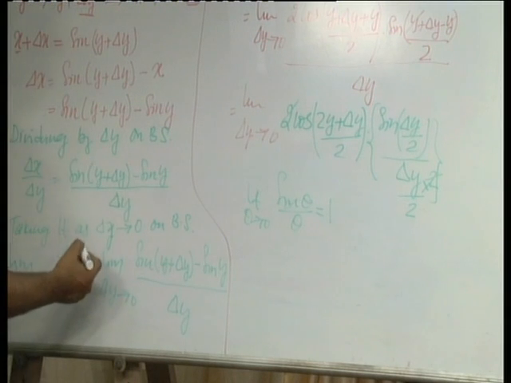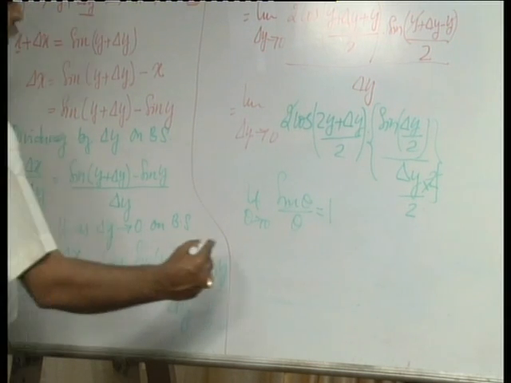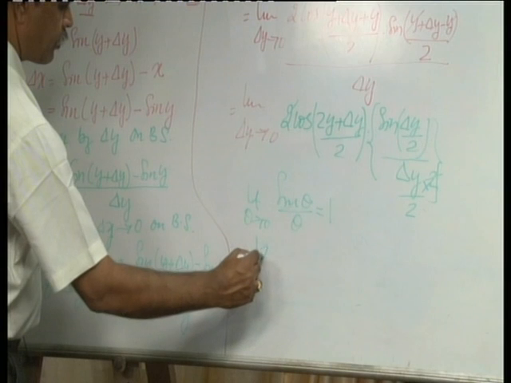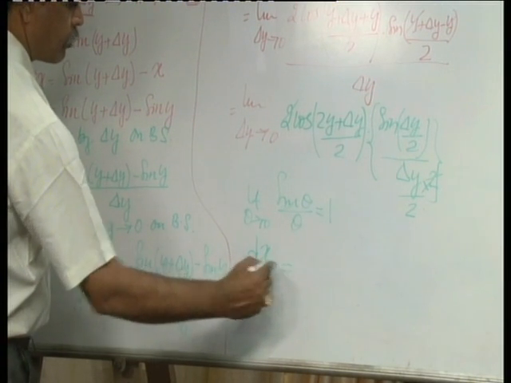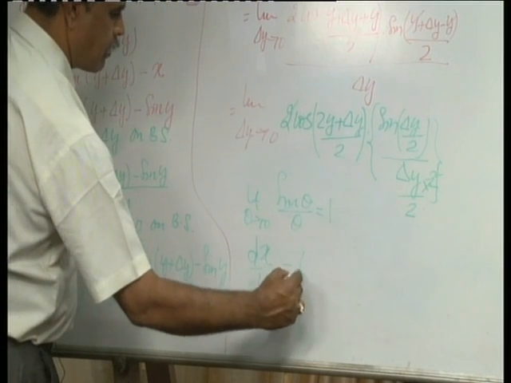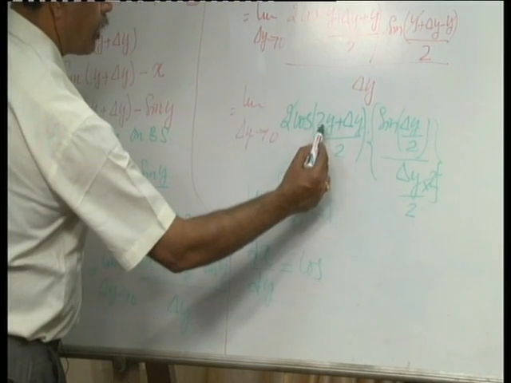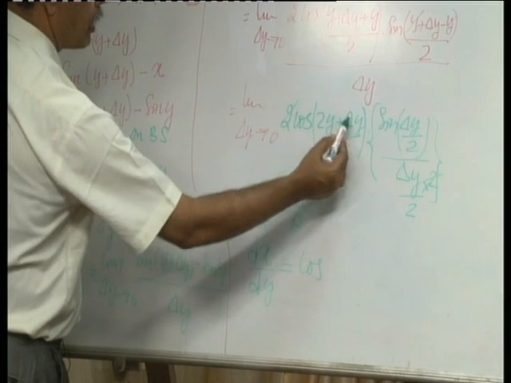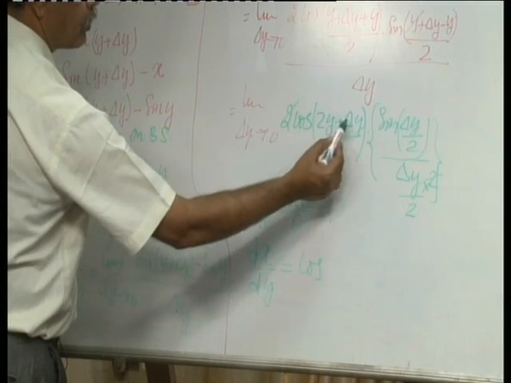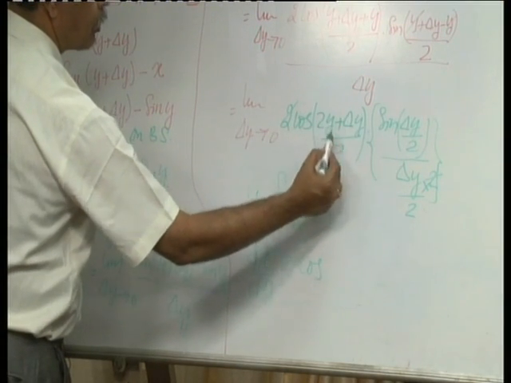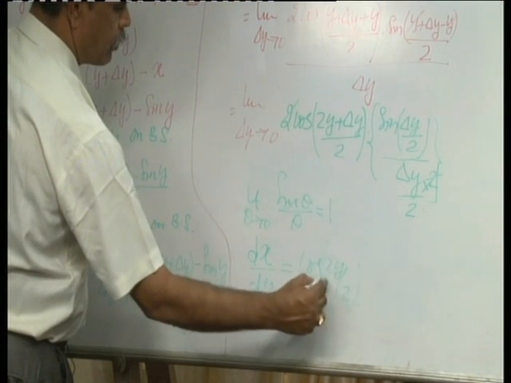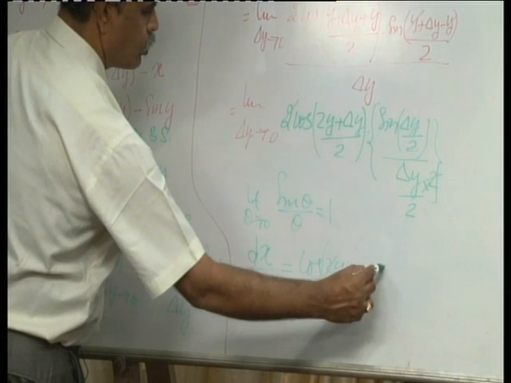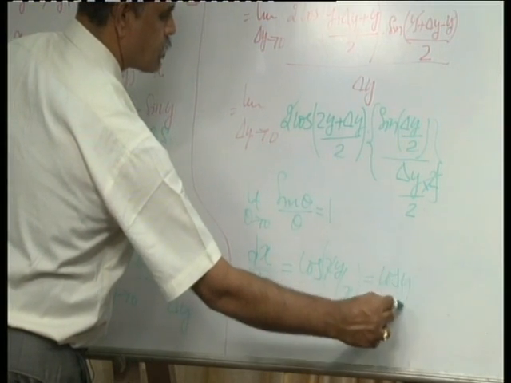If I apply the limit, the right hand side limit becomes what? dx divided by dy is equal to cos of 2y by 2, as delta y tends to 0, this will become 0. 2y divided by 2, the 2 cancels, cos y.